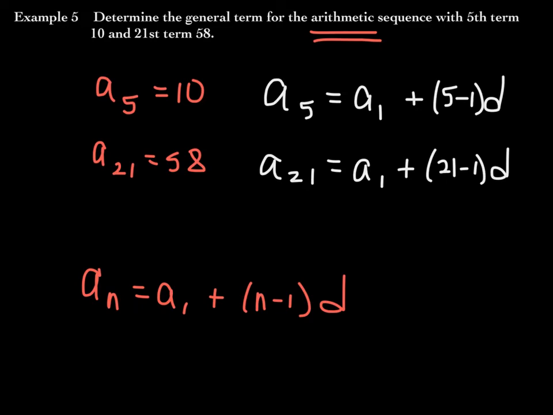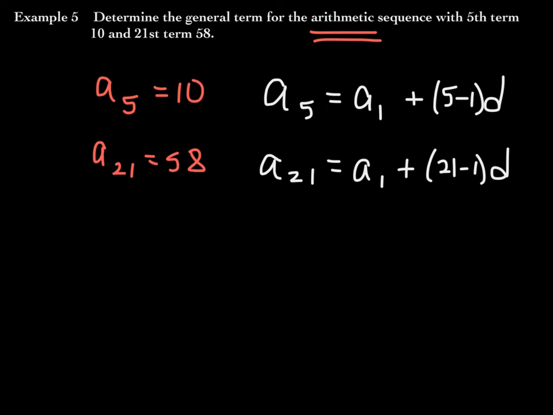Now, on the right side of these equations, we can simplify. So this is 4d, this is 20d. Furthermore, this notation means the fifth term, and we know that's 10. So I can replace a sub 5 with 10, and the 21st term with 58.